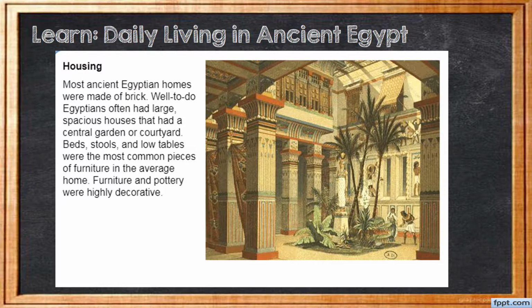And then we'll take a look at their housing. Most ancient Egyptians' homes were made of brick. Wealthy Egyptians often had large, spacious houses that had a central garden or a courtyard. Beds, stools, and low tables were the most common pieces of furniture in the average home. Furniture and pottery were highly decorative.